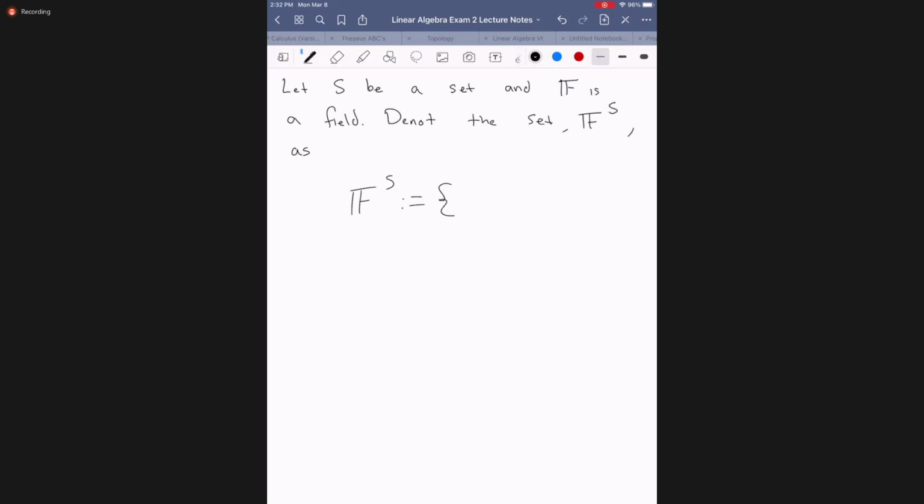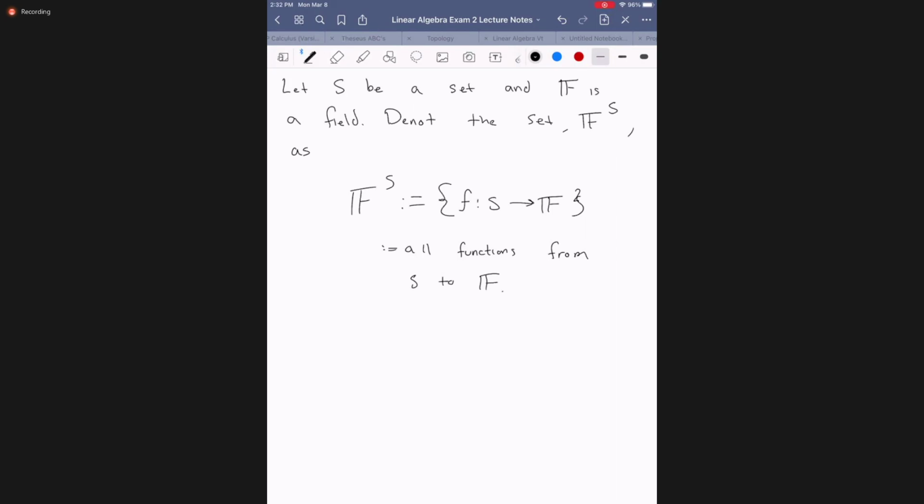It's going to be the set of all functions from S to F. So you can think of it as all functions from S to F. So again, what does a function mean?